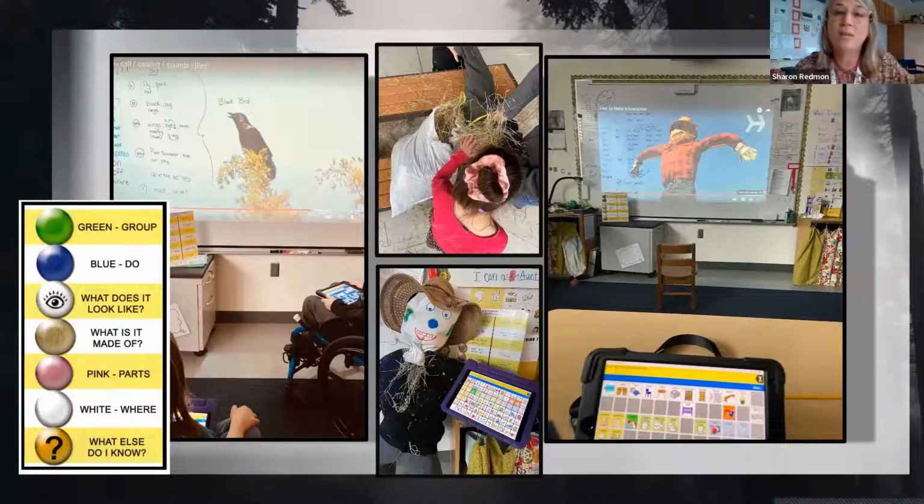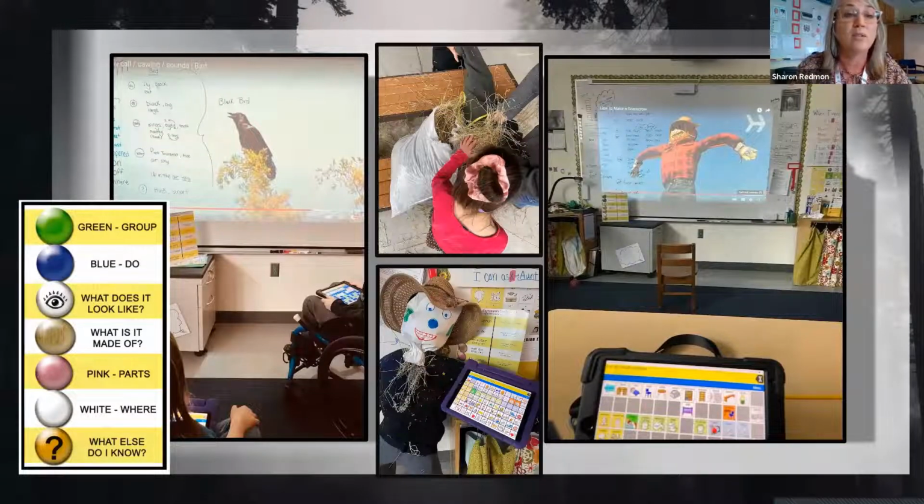Sometimes we don't always use all of the EET tools, but sometimes instead of saying what is it made out of, because like you'll see when we get to the heart, they're like muscle and skin and blood, yes, or we could talk about the parts. So that's what we did here when we were talking about the bird. We talked about what parts they were.